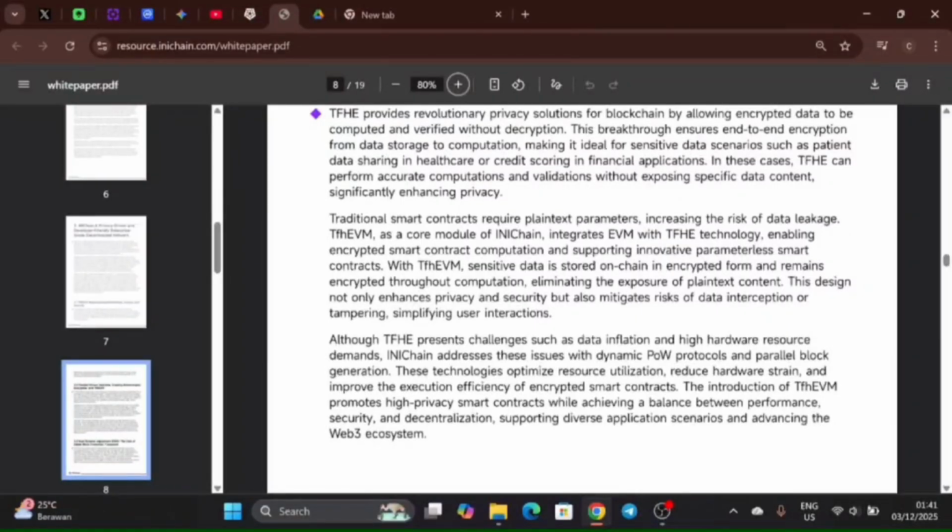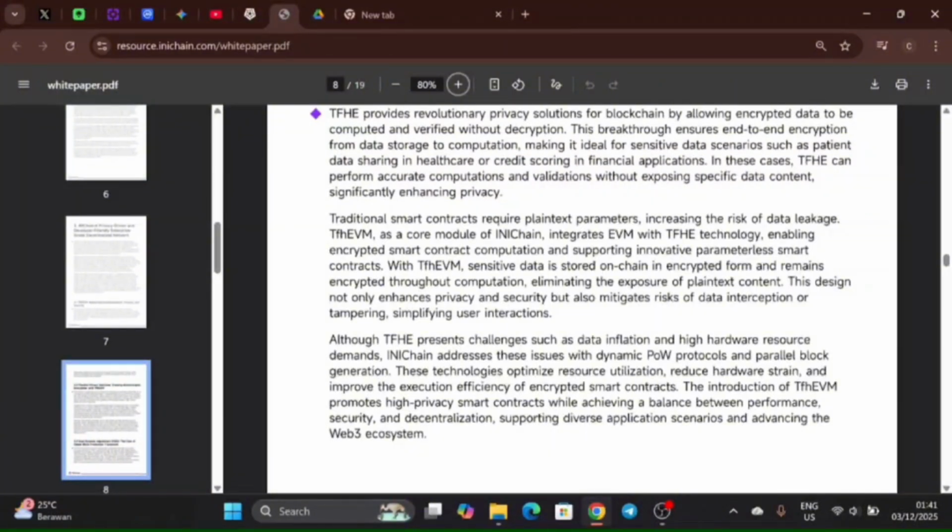This technology optimizes resource utilization, reduces hardware strain, and improves the execution efficiency of encrypted smart contracts. The introduction of the FHE EVM promotes highly private smart contracts while achieving a balance between performance, security, and decentralization, supporting diverse application scenarios and advancing the Web3 ecosystem.